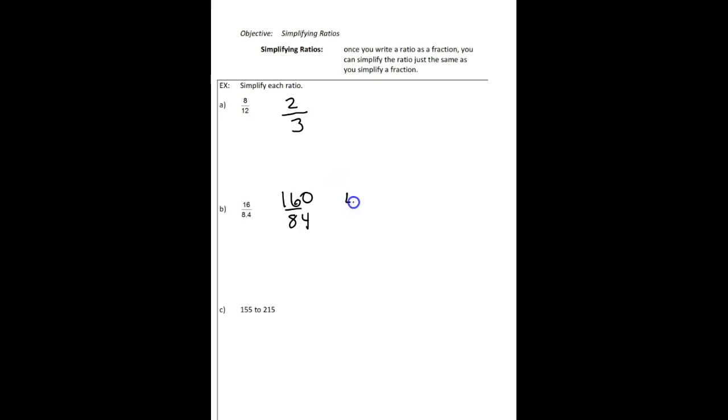If I divide 160 by 4, I would get 40, and if I divide 84 by 4, I would get 21. Now I ask, are there any other common factors between 40 and 21? And it's pretty easy to tell that there aren't, because 21 is the same as 3 times 7, that would be the prime factorization, and neither 3 nor 7 go into 40. So that's as simple as we can go.